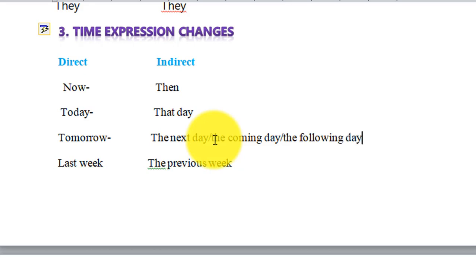These are acceptable. "Last week" becomes "the previous week", or "the week before"; they have the same meaning.